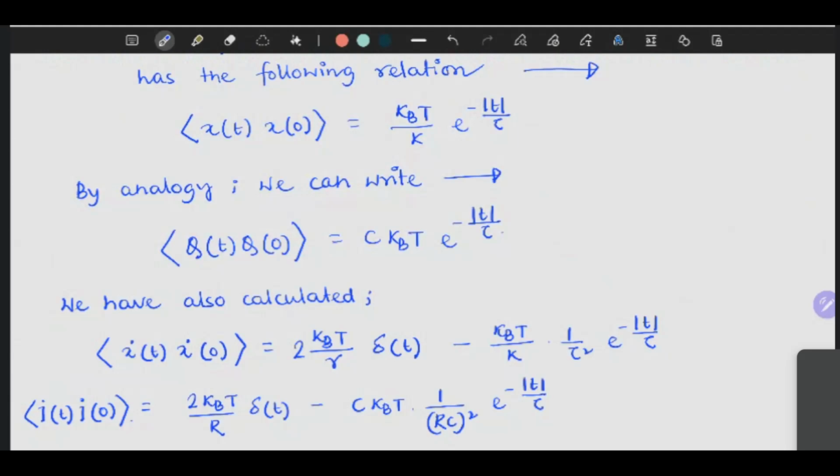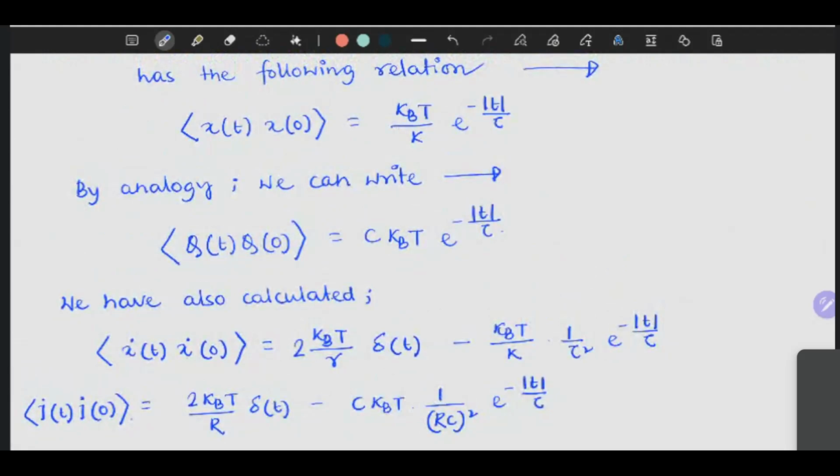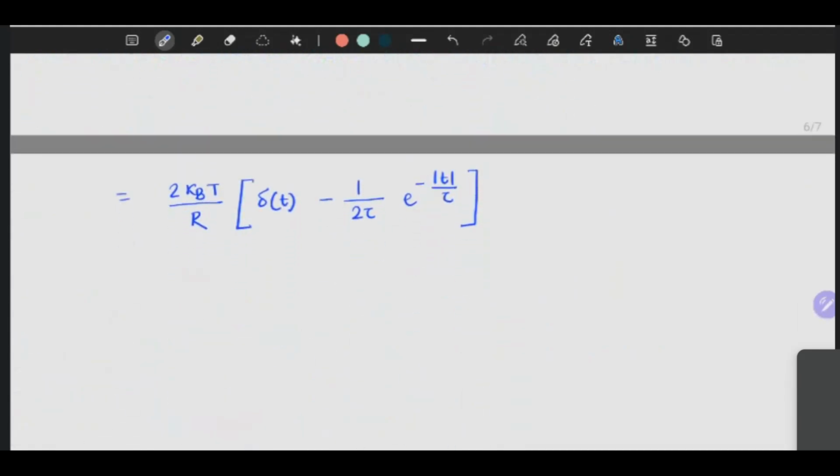Similarly you can write the time autocorrelation of current I dot t: we substituted r for gamma and 1 by c, the inverse of the capacitor, for the spring constant, and got this expression. That's quite obvious.